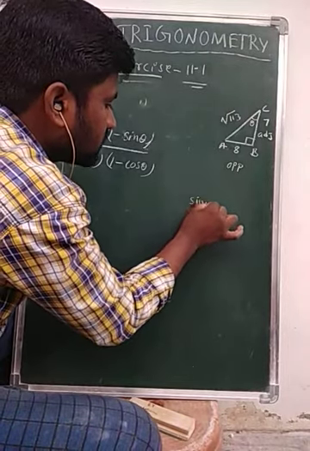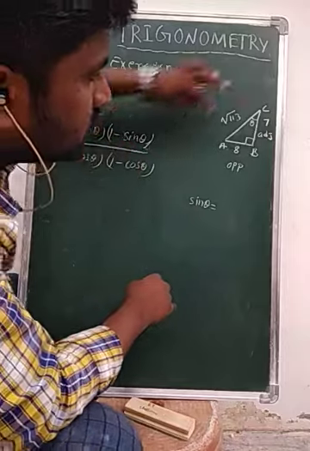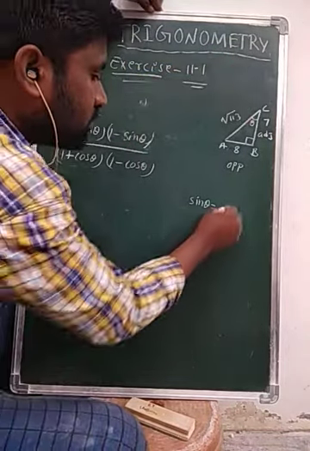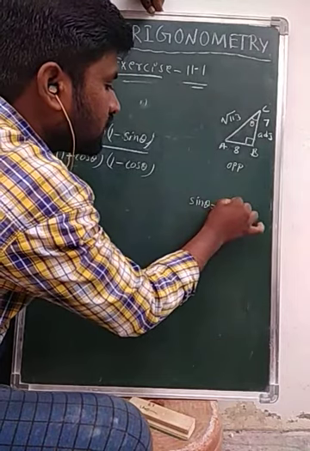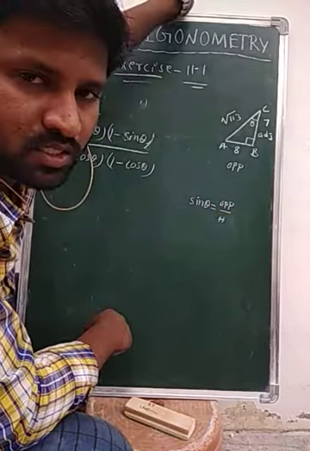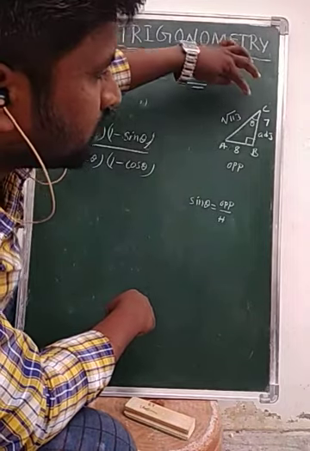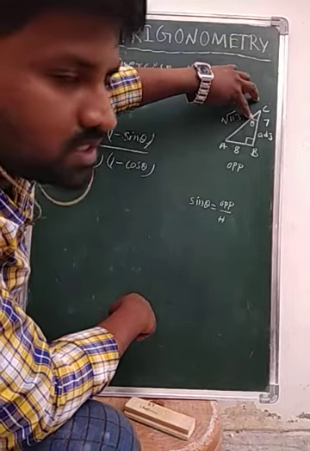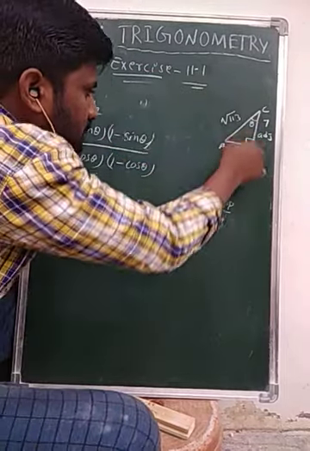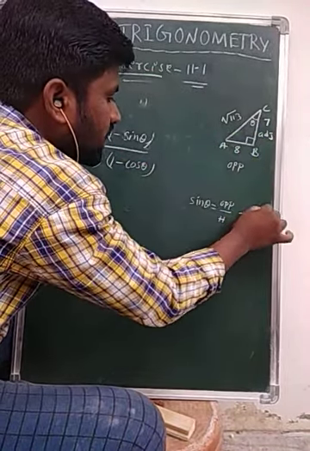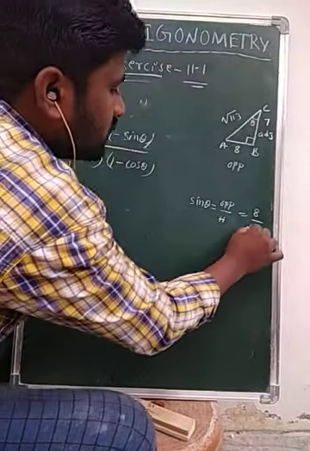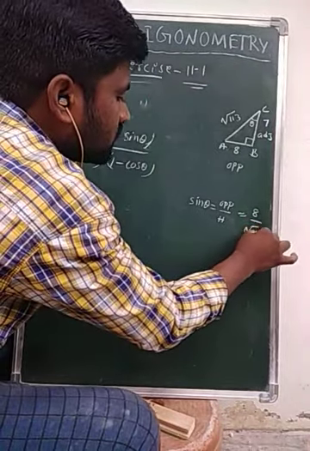See here, sin theta, with respect to angle C that we have taken as theta. Sin is the length of the opposite side by the length of the hypotenuse. The opposite side is 8, and the hypotenuse is root 113.